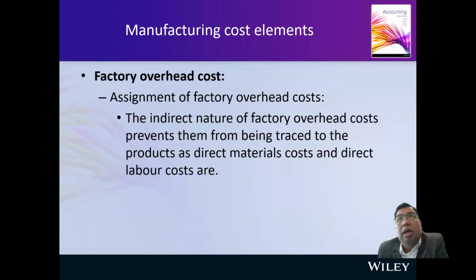Indirect means they are not directly related to the product. For example, we have the labor who do the process, who do the activities, that is direct labor. Maybe we have the supervisor or the line manager. They are not directly involved in transforming the product from step one to step two, step three. They just monitor the process. So it's indirectly related to production, and that is considered a factory overhead cost.